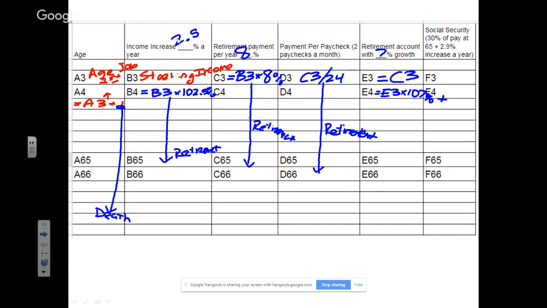What's the new money we're going to put in there? Plus C4. Okay, C4 is over here. This is money that we're putting in our account. So E4 equals the year before. We're going to keep our account. It's going to grow 107% plus the new money.